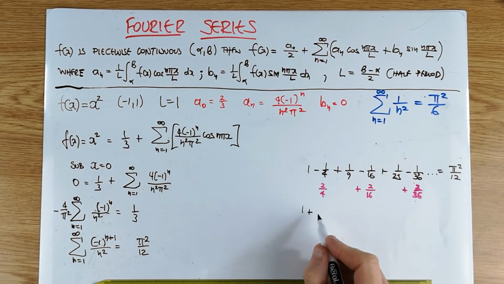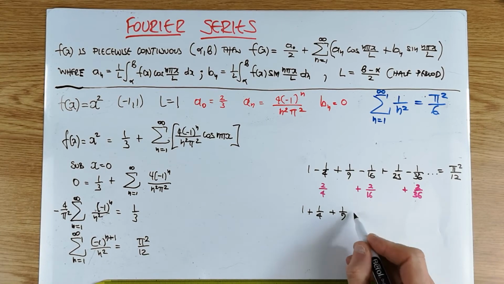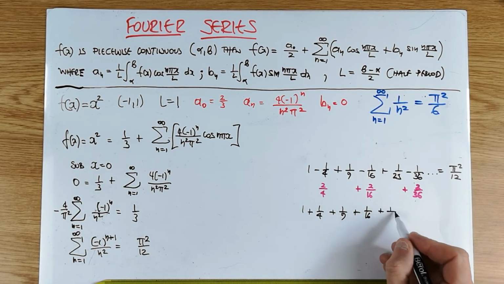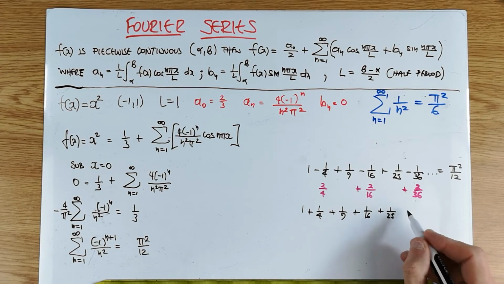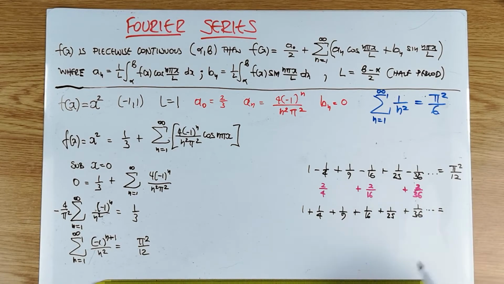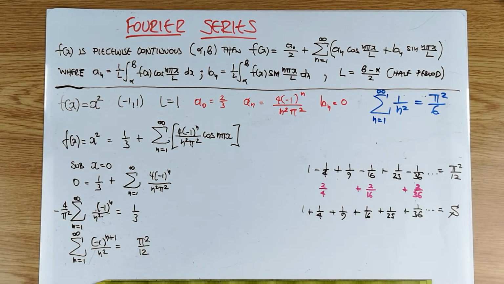2 quarters, take away a quarter is of course a quarter, plus a 9th, plus 1/16, plus 1 over 25, plus 1 over 36. And of course, I wish I could write pi squared over 6, but I don't know what it is. At this moment, I'm going to say it's equal to s because I'm trying to prove that it's in fact pi squared over 6.